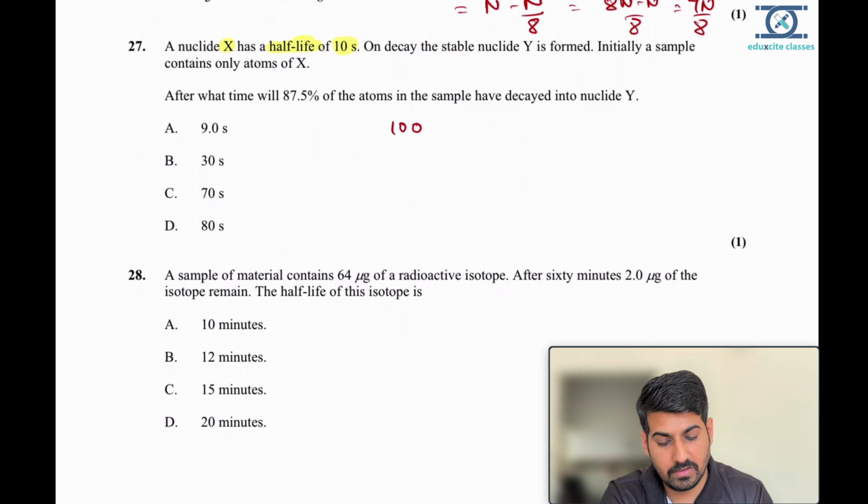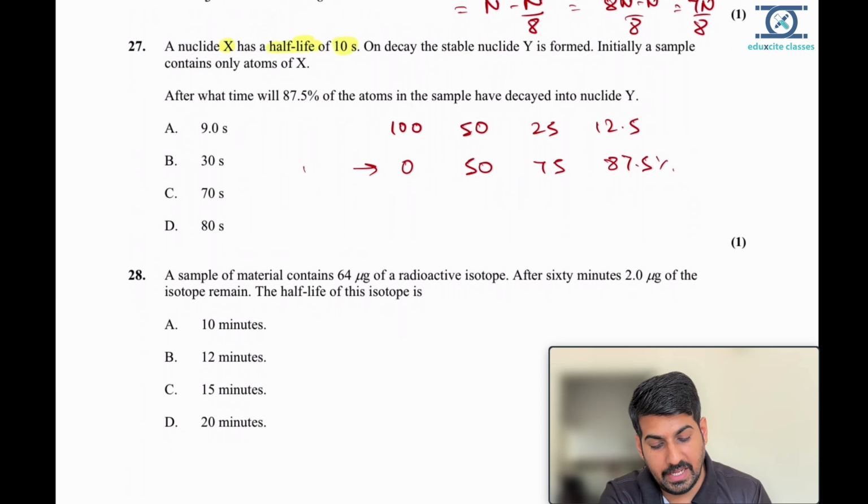After one half-life it will be 50, then it will be 25, then it will be 12.5. So you can say initially decayed was 0, now it is 50, now 75, now 87.5. This is how much has decayed, and the rest was remaining that is supposed to decay.